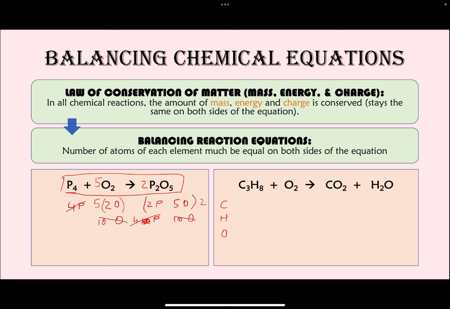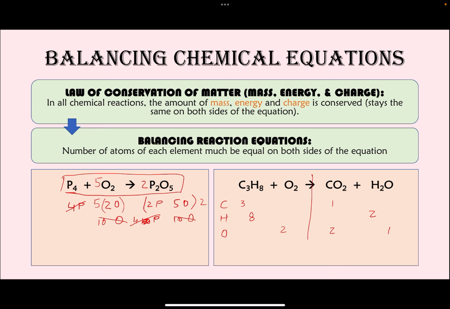So in this case, we have 3 carbons on the reactant side, and we have 8 hydrogens on the reactant side, and we have 2 oxygens. On the product side, we've got 1 carbon, and we have 2 hydrogens, and we've got 2 oxygens here, 1 oxygen there. Let's just make a line there, okay?